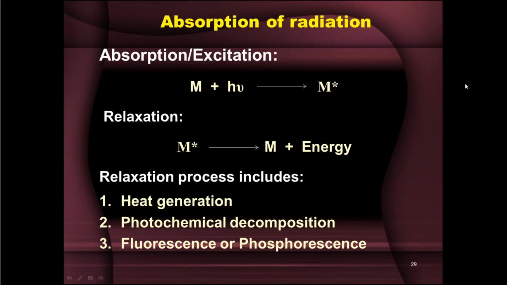It will happen within 10 raised to minus 9 seconds, within fractions of a second. Now, the relaxation process could occur in different ways. I've listed three methods. First one is heat generation, second is photochemical decomposition, and third is fluorescence or phosphorescence.